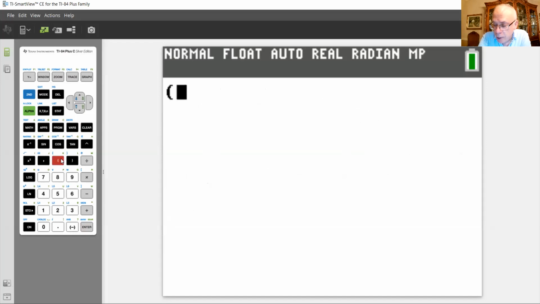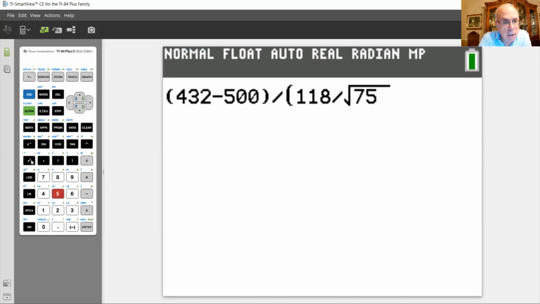Our sample mean is 432, that's x bar, minus 500, our hypothesized mean. And we divide by, again opening up a set of parentheses, the sample standard deviation 118, divided by the square root of 75.